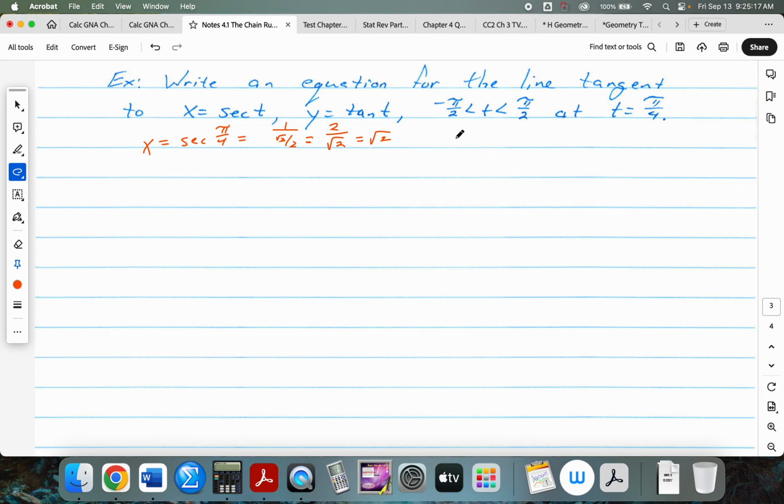And then for the y, we'll have y is equal to the tangent at pi over 4. That one you should know easily. Yeah, that one's 1. So I've got my point. It's the square root of 2, comma 1.